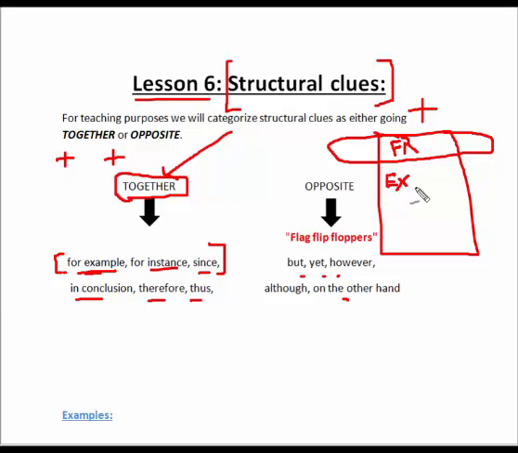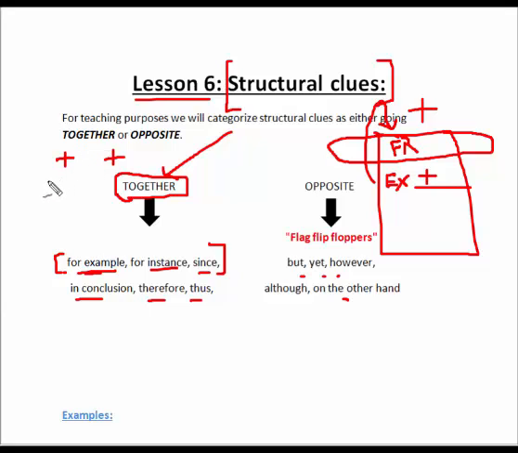What comes after the structural clue, for example, is going to have to give you an example of what they said earlier. Hey, Jimmy's a fast runner. So if Jimmy's a fast runner and that's positive, our example is going to have to be positive as well. That's why I call them together. The direction or polarity, as you would say, would be going in the same way.